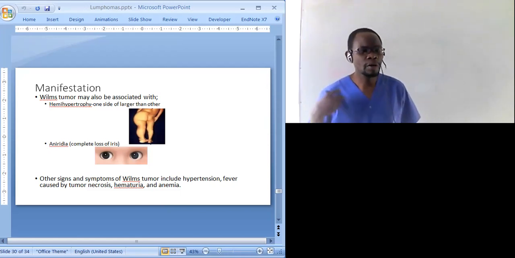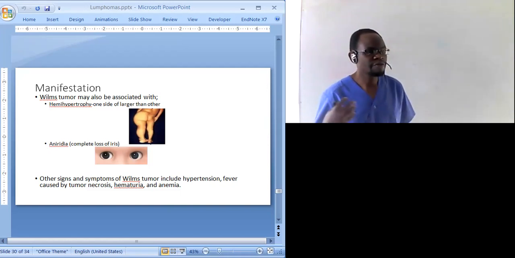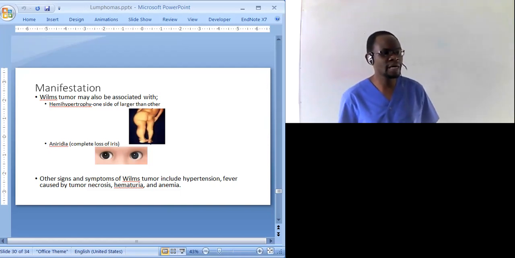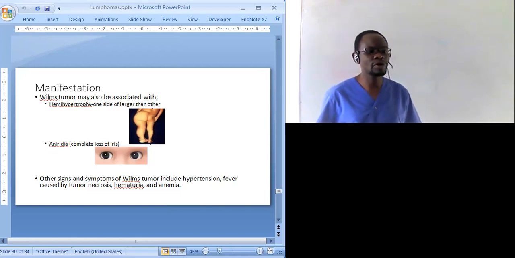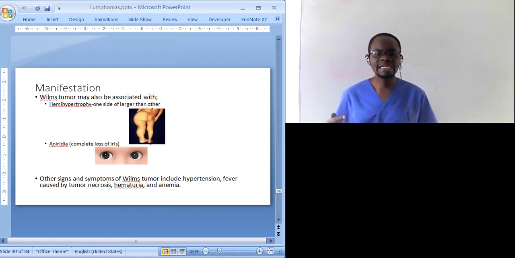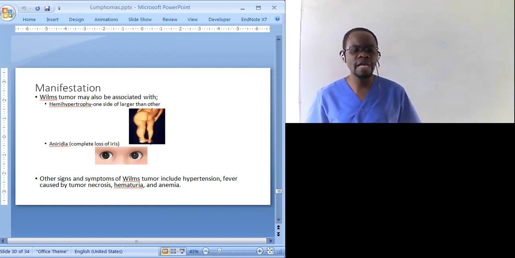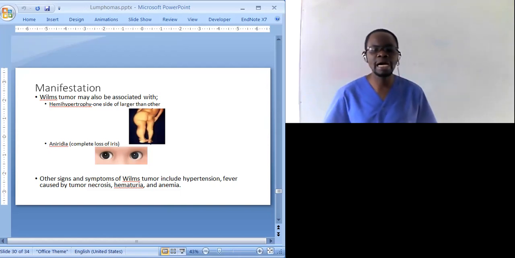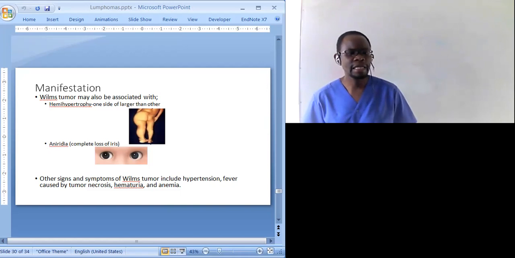So they can compromise that, and as a result lead to hypertension. Then fevers, caused by tumor necrosis, and you can also have hematuria and anemia because this tumor is rapidly dividing. It destroys adjacent tissues, and they can be bleeding around the area, ending up bringing hematuria and anemia in the long run.